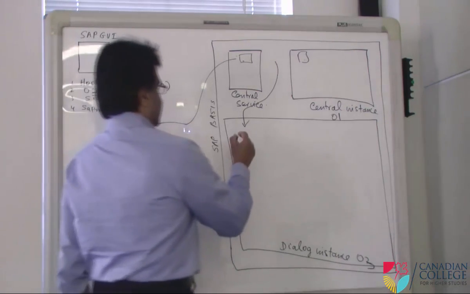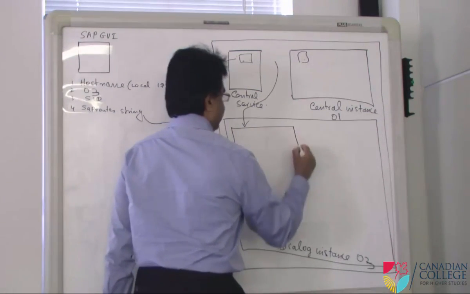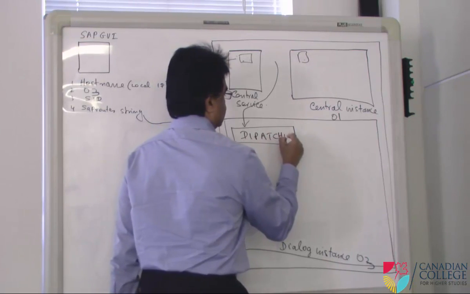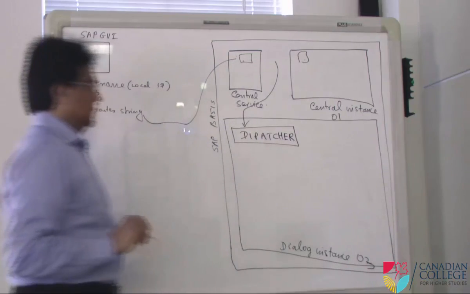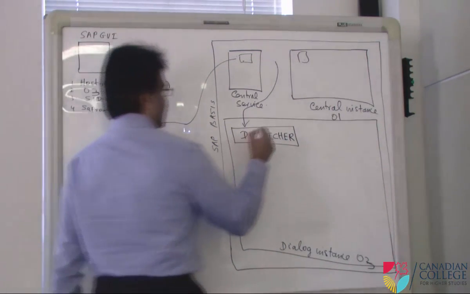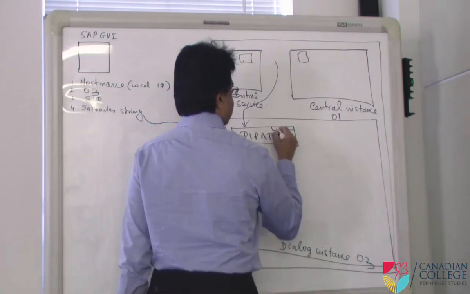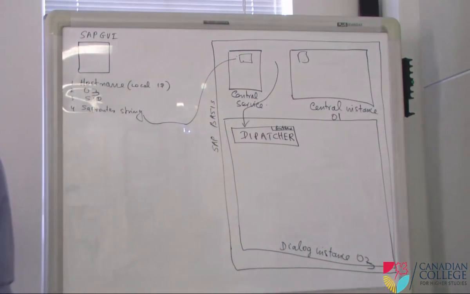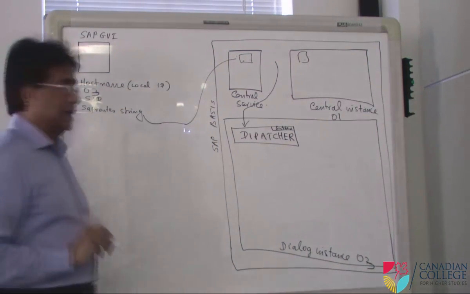The first guy in the instance who is going to respond to me is the dispatcher. And the dispatcher has a small buffer area. Until my information goes to the dialog work process, my request will be staying there.